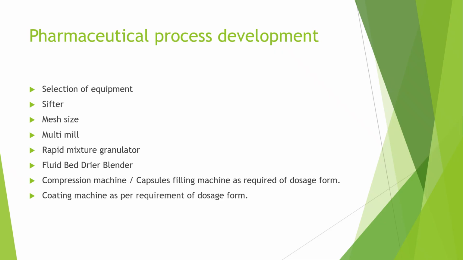Then a fluid bed dryer, and after that a blender. All this equipment they select. Compression machine and capsule filling machine as required by the dosage form. Suppose if you want to make tablets, we will use a compression machine. If you want to make capsules, we will select the capsule machine. And sometimes if the tablet requires coating, at that time a coating machine is to be selected.